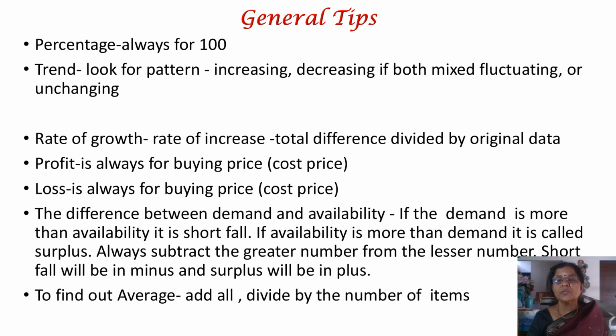And also watch out for the directions given, the note given in your direction. They may say all the figures are in thousands, or all the figures are in tons, or in tens, or in hundreds, whatever it is. Look for the data and get the data correctly, and look for the pattern to get the whole picture. Good luck.